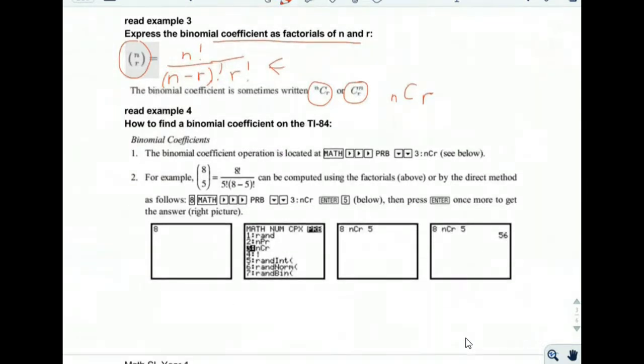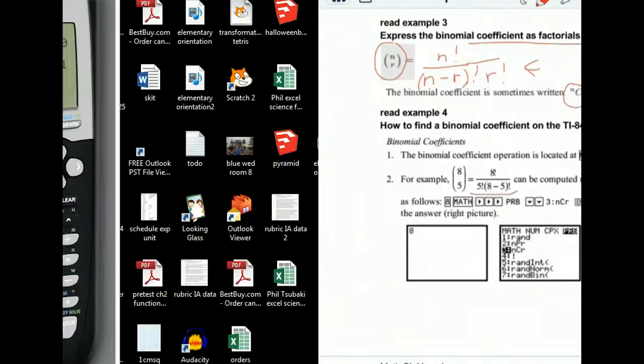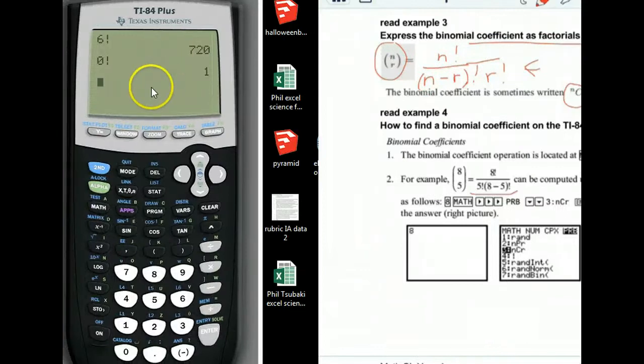And the way you would do that on the calculator, you don't have to type all that in. You can actually use a math function here. Let's say that we're going to do n equals 8, r equals 5.